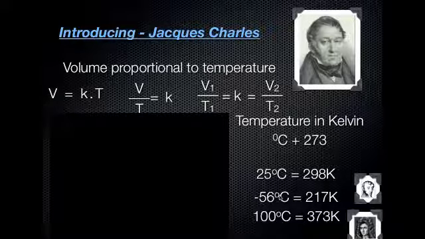Negative 56 degrees Celsius is equal to 217 degrees Kelvin. And 100 degrees Celsius is equal to 373 degrees Kelvin. So each time you're dealing with temperature in terms of a gas law like this, you have to change your temperatures into Kelvin. Otherwise, it might not work.